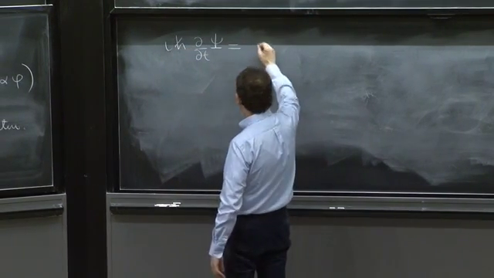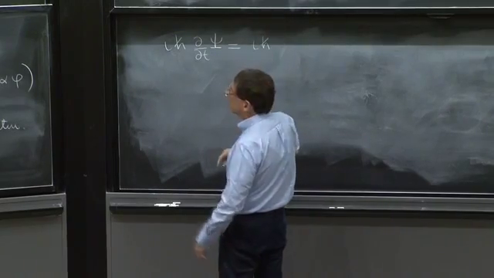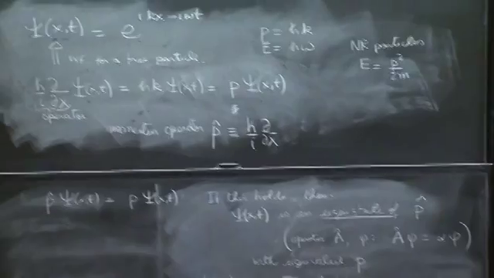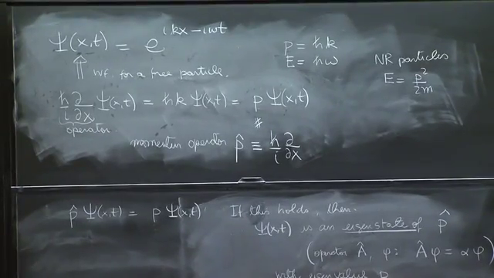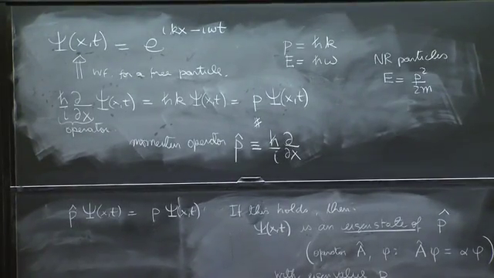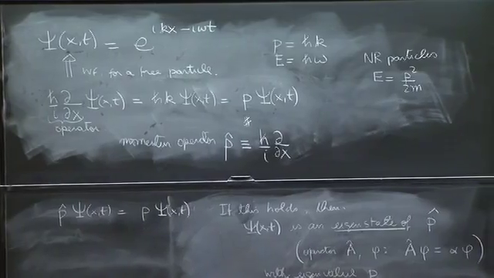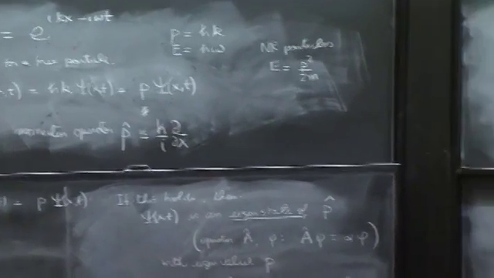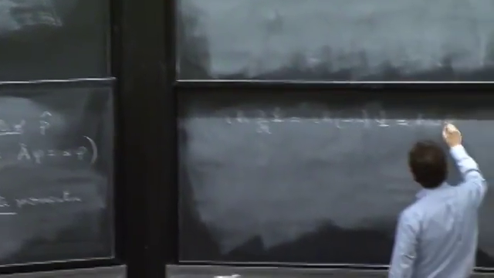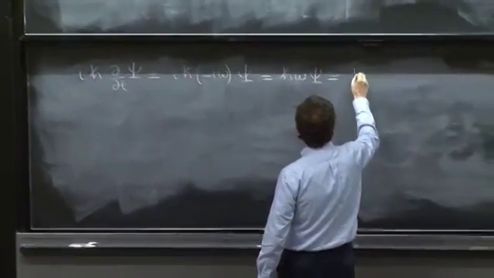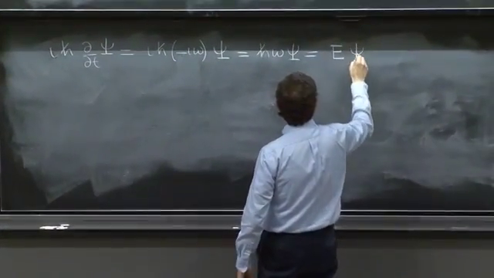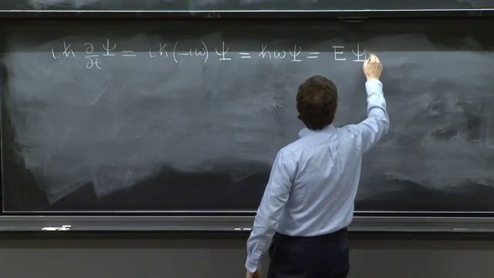Now, this time we'll have i h bar, and when we differentiate that wave function with respect to time, we get minus i omega times the wave function. So i times minus i is 1, and you get h bar omega psi, success. That was the energy of the particle times psi.